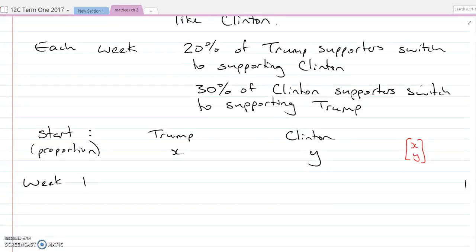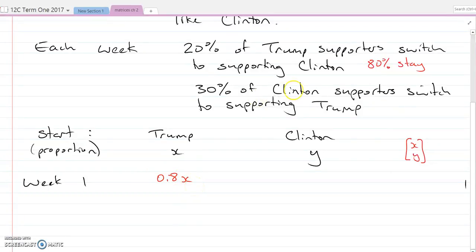So let's see. 20% of his supporters are going to switch to Clinton, so he doesn't have those 20%. But he still keeps 80%. So he's got 80% of his original supporters, so he's got 0.8 of his original X.